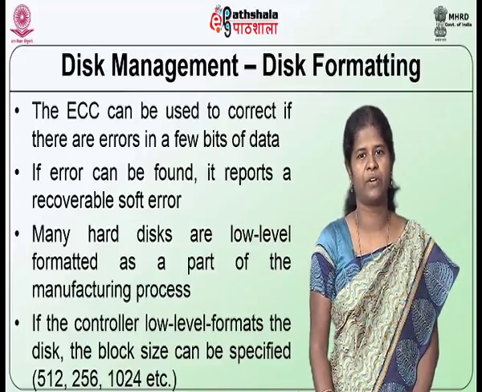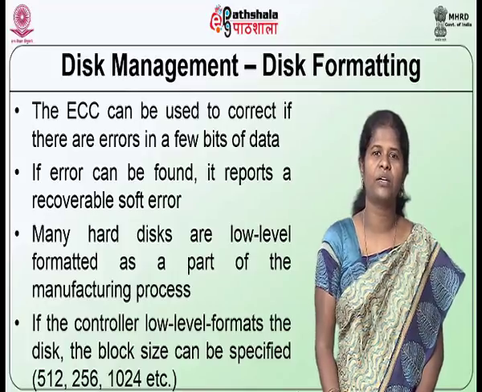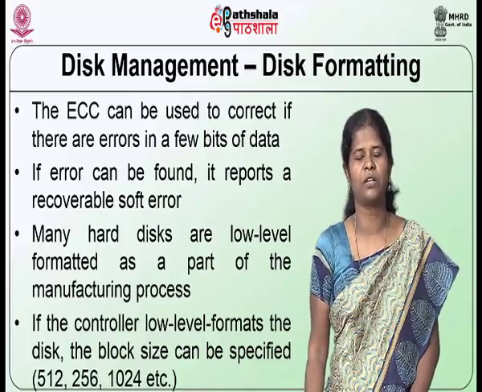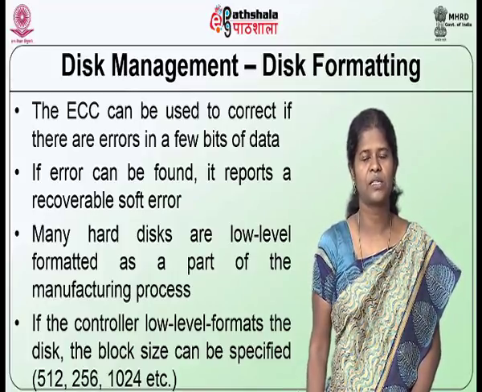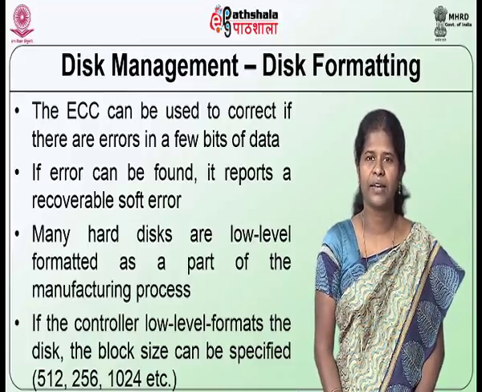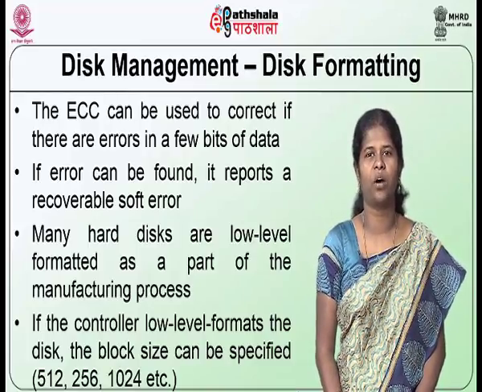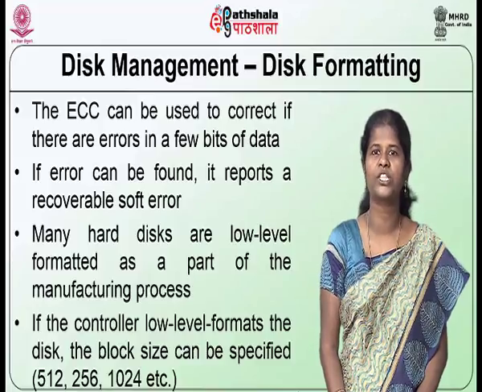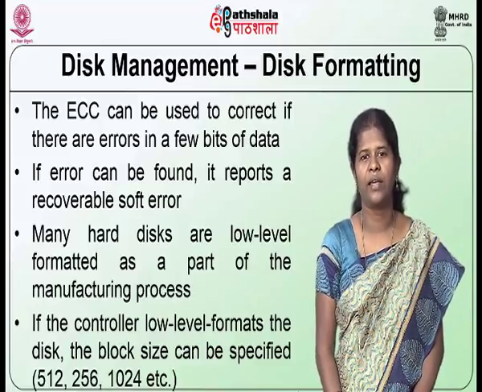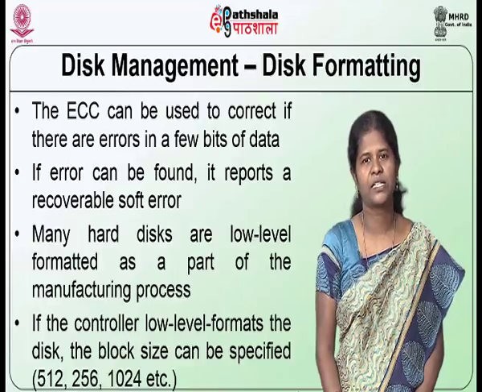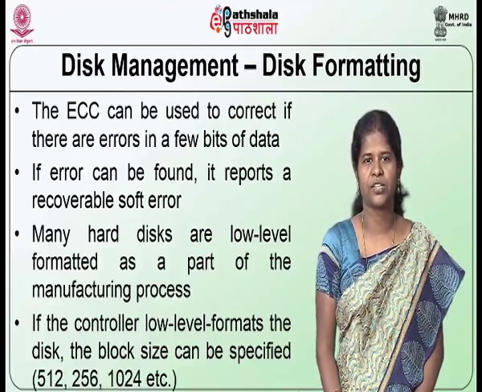If the error can be found, then it reports a recoverable soft error. If the error cannot be corrected, or if you do not really know which bit has gone wrong, then the sector is declared as a bad sector.